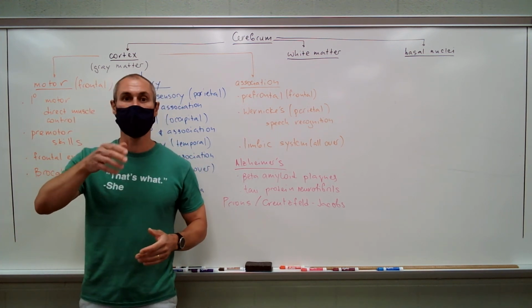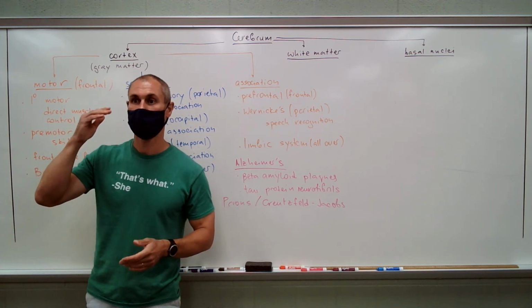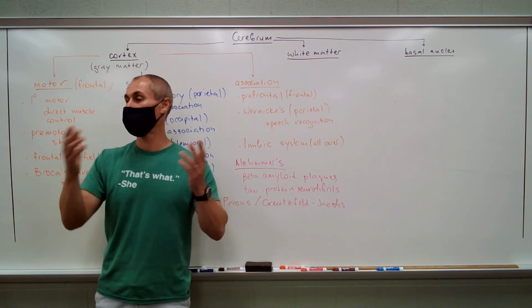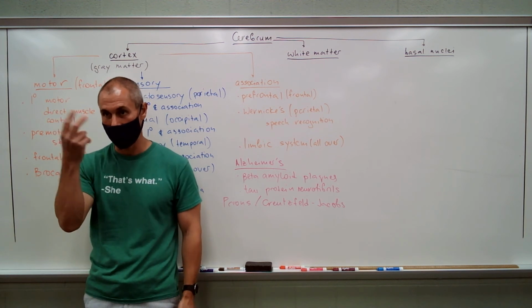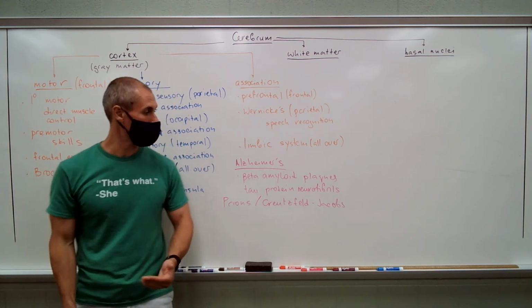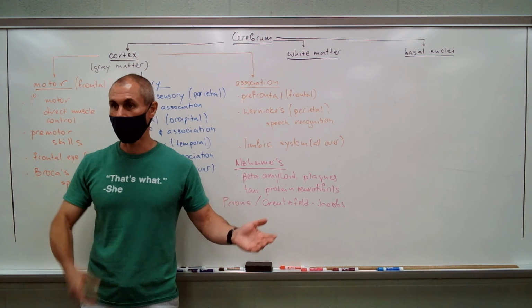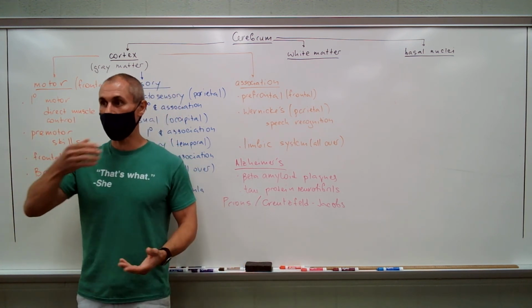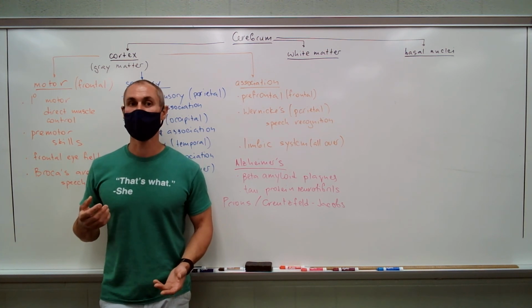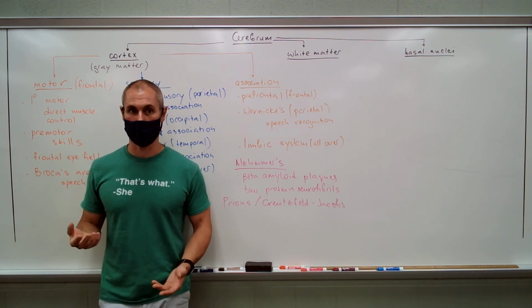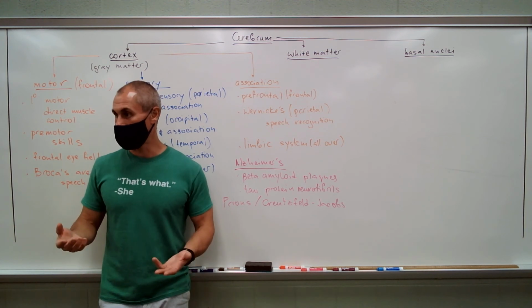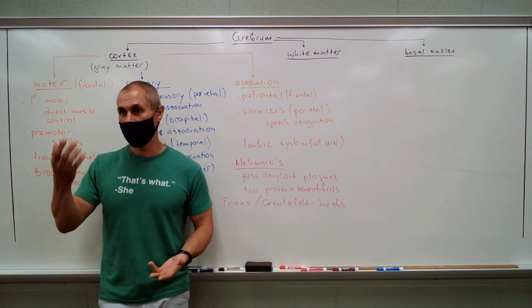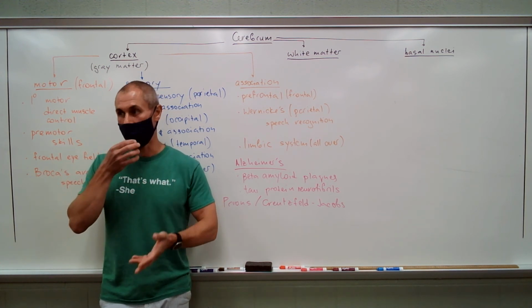This is typical Walking Dead, zombies, whatever you want to call it. When a zombie bites a normal person, what do you get in the end? You have 2 zombies, right? When a bad prion interacts with a good prion, you have 2 bad prions. Make sense? The more bad prions you have, your brain turns into a sponge, almost literally. The fancy term is spongiform encephalopathy. So it's a pathology of the brain where your brain looks like a sponge.